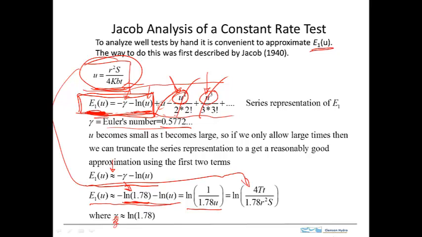So we have this exponential integral well function, and the real clever thing that Jacob did was to recognize that it could be approximated by the natural log of this stuff. And this is all stuff that we know. There's the transmissivity, which we either know or want to find out, there's time, there's the radial distance where we're making the measurements, and there's storativity.